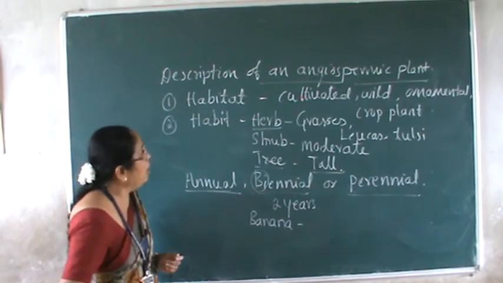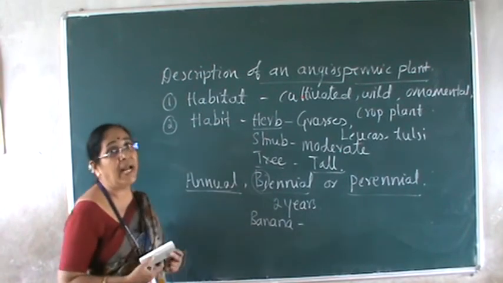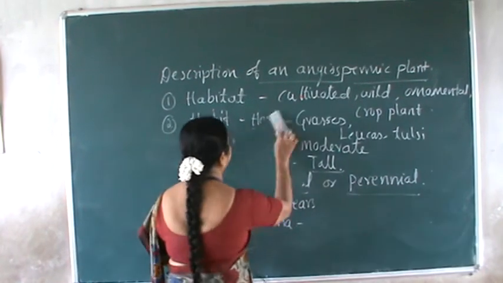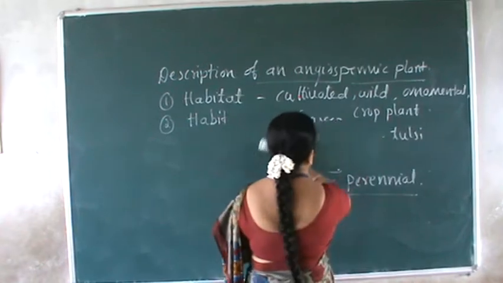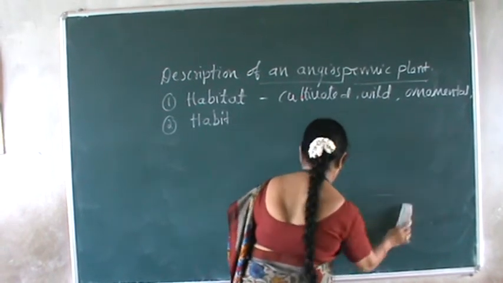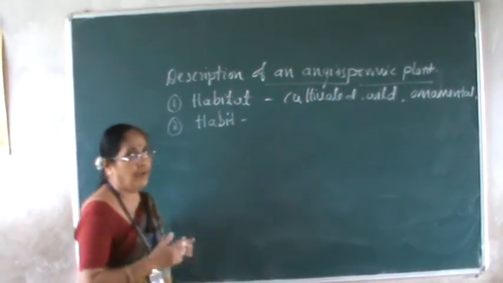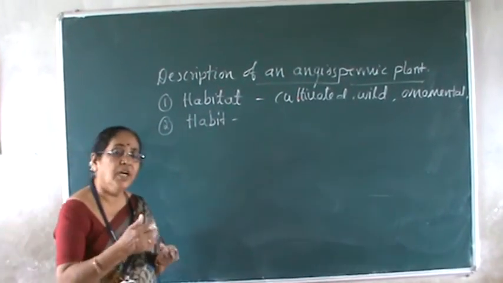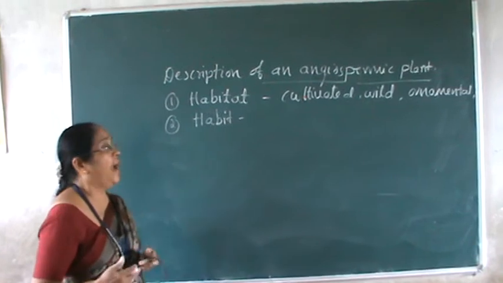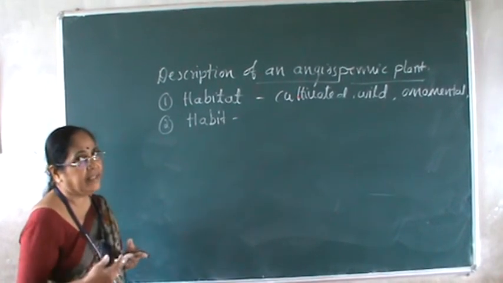Along with this, in the habit itself, you can add a few more characters. Along with annual, biennial or perennial, and along with herbs, shrubs and trees, you have to add 2 or 3 more characters.